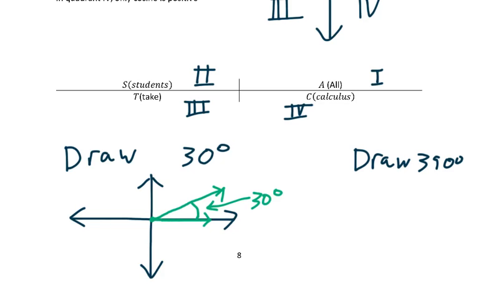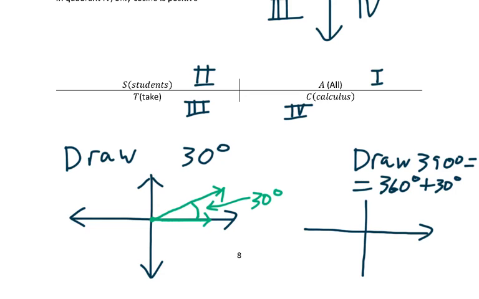Now, what I'm going to do is draw 390 degrees, which is the same, of course, as 360 degrees plus 30 degrees. Well, how would I draw that then? Again, this is standard position, so the initial side is always the same. We have the 360 degrees, that means we come all the way around counterclockwise.